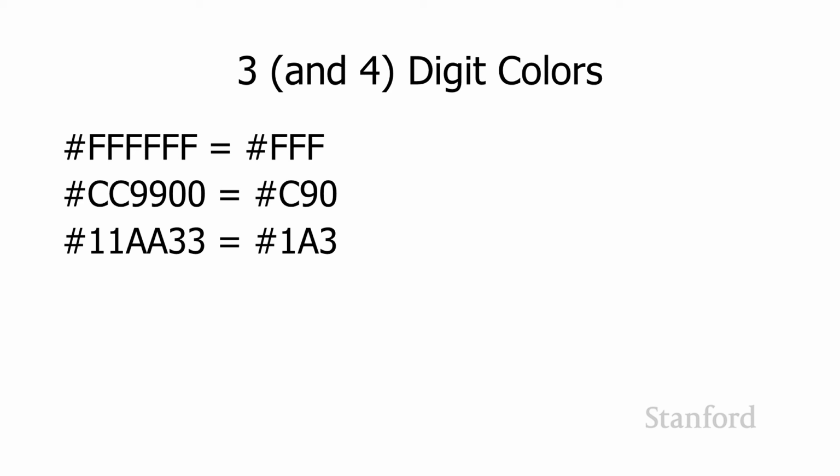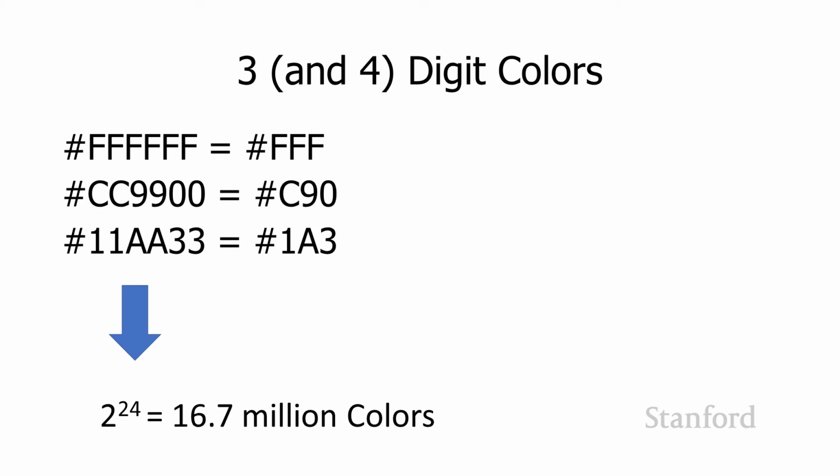If you work this out, what ends up happening is we're losing the number of colors we can specify. With our original 6 hexadecimal digit scheme, remember that corresponds to 24 bits, and so 2 to the 24 gives us 16.7 million colors. With the 3 hexadecimal digit scheme, we've only got 12 bits, and so that gives us 2 to the 12th, which means we have 4,096 colors.